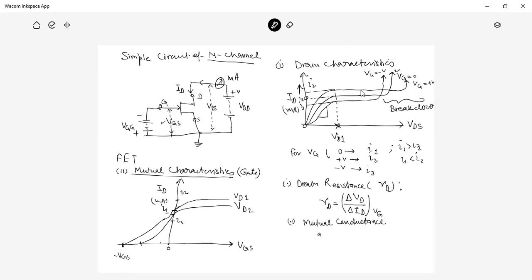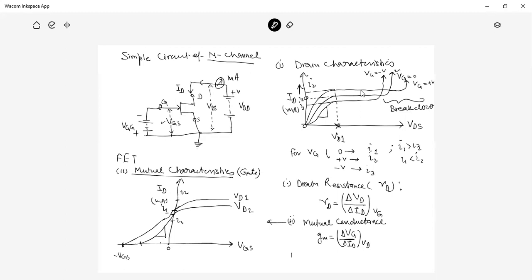Mutual conductance, that is GM, change in ID upon change in VG at VD constant. So this can be calculated from the curve by making a triangle on this curve.